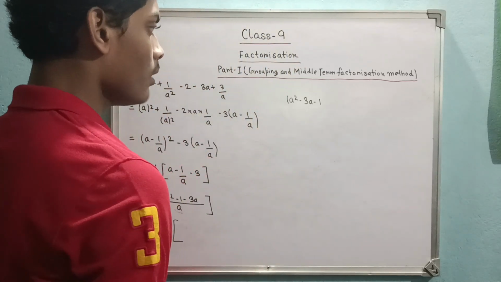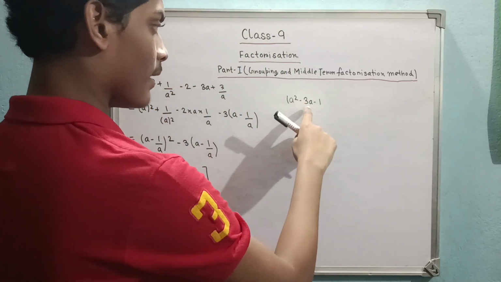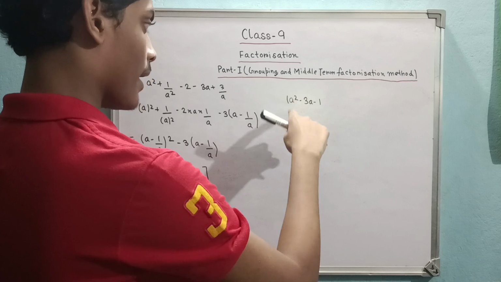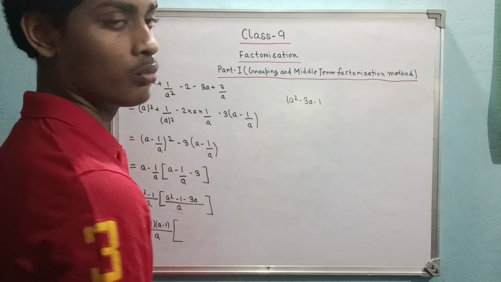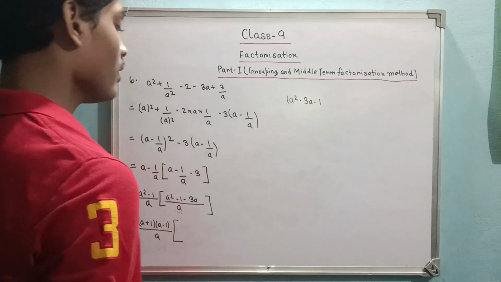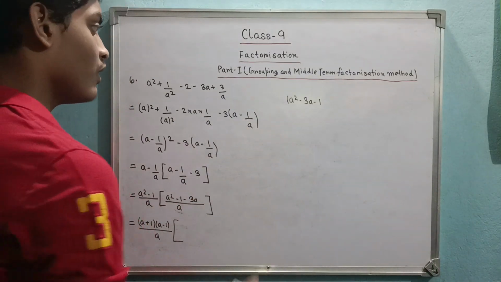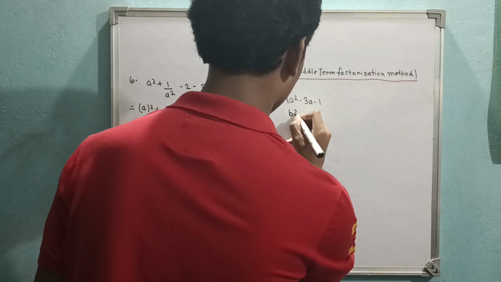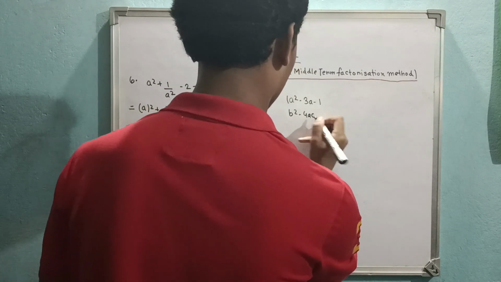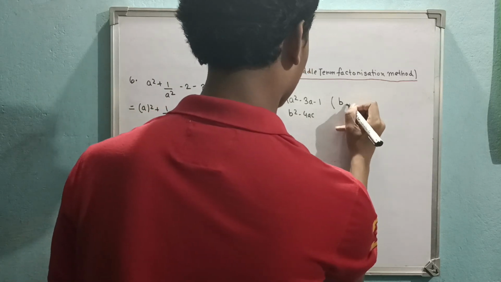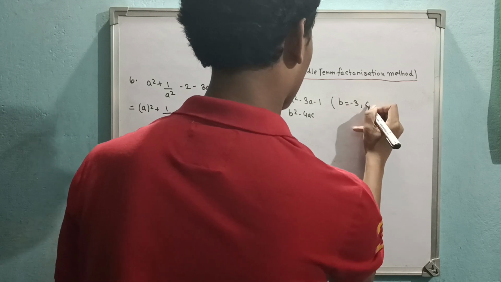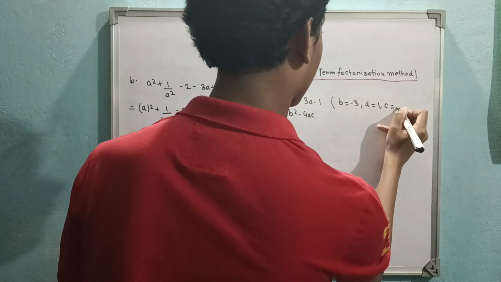If you see carefully, minus 2 minus 1 is minus 3, but minus 2 into minus 1 it is plus 2. So it's validating the equation. Here we have a formula to check if it is factorizable or not, which is to calculate b square minus 4ac. Here b is minus 3, a is 1, c is minus 1.